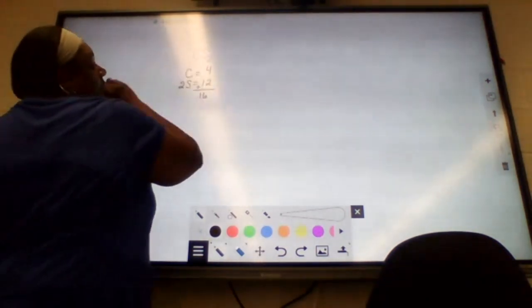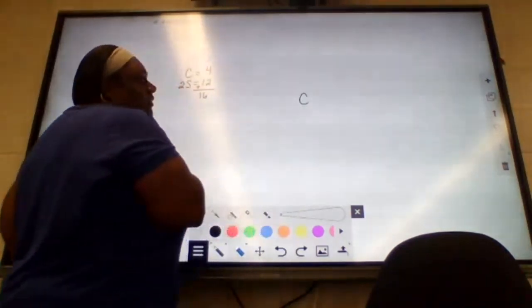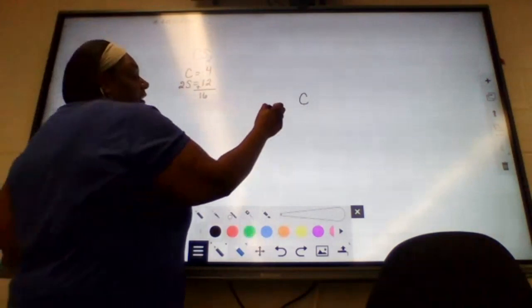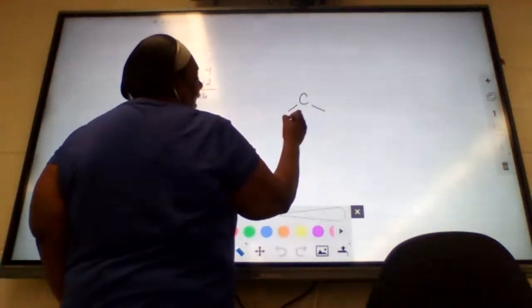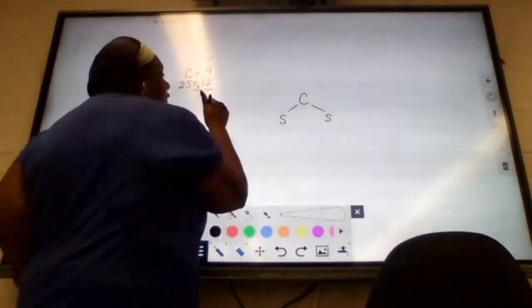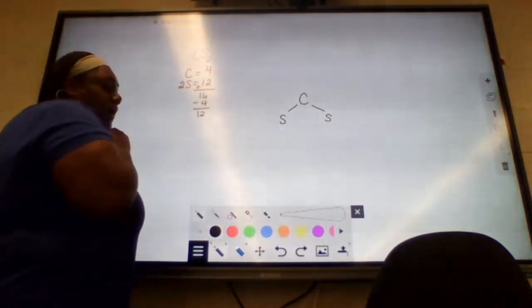Now we see that the C comes first, so that's the more electropositive element, so we're going to place that in the center. All right, and to that C, I have to attach 2 S's. Now, I drew 2 lines, so I've got to subtract 4 electrons.